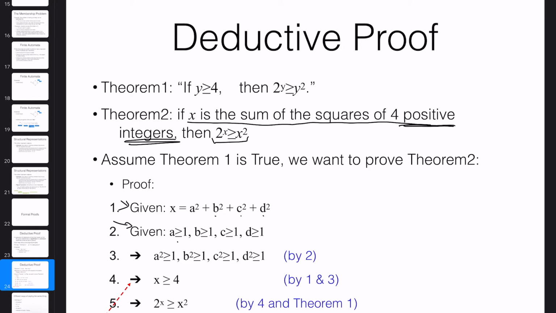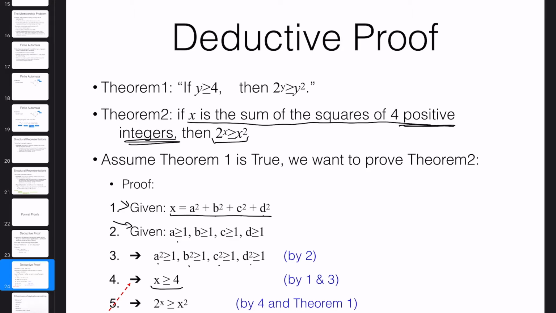This is something we can conclude because they are just the squares of something greater than 1. Then I can add up all of these numbers.